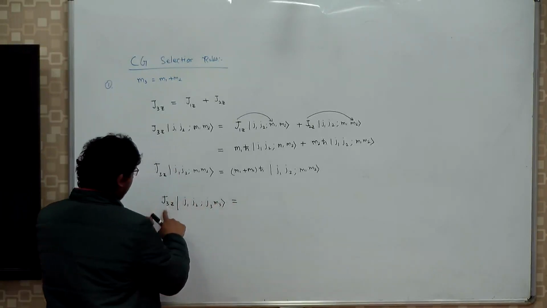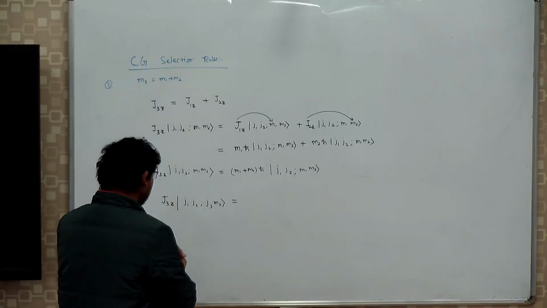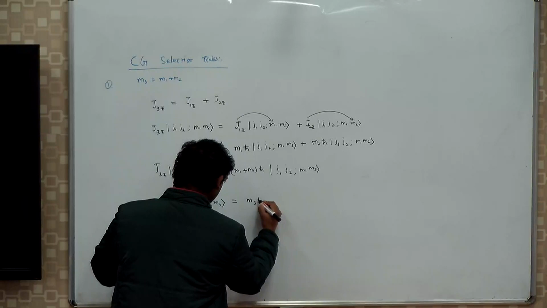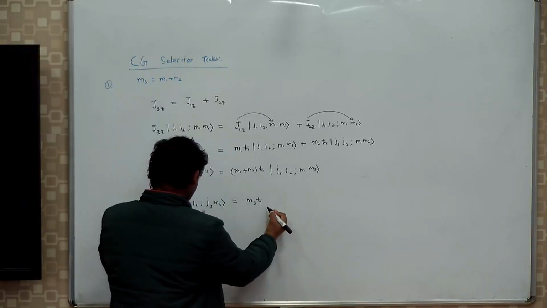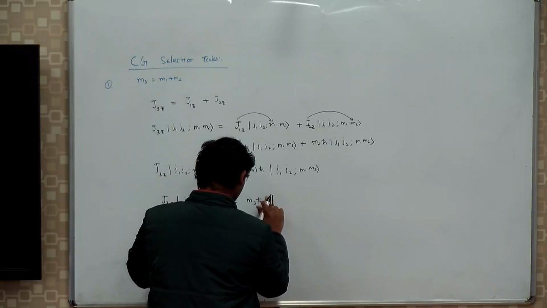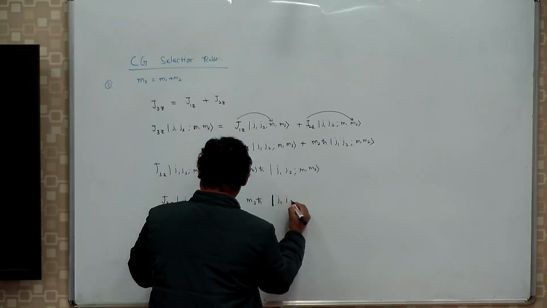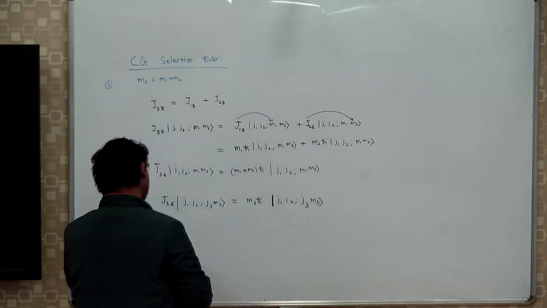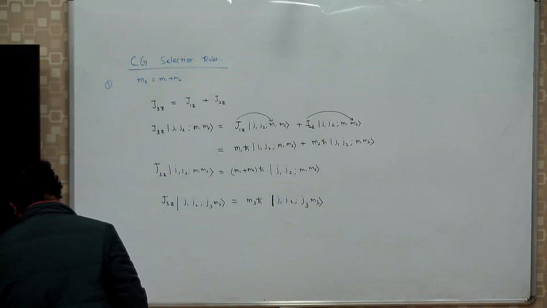If this operator acts on the coupled basis, we will get M3 ħ as the eigenvalue, and the state |J1, J2, J3, M3>. Fine.